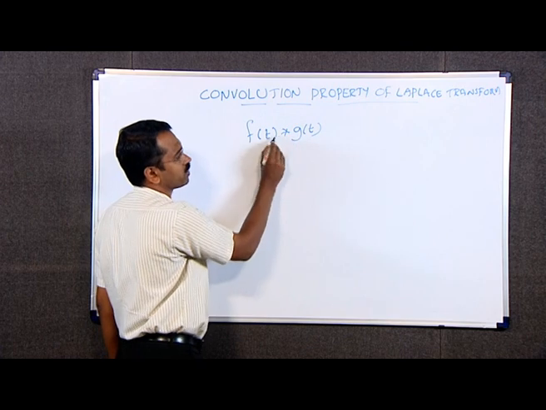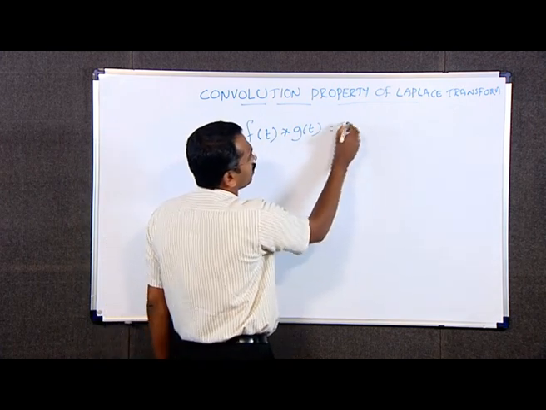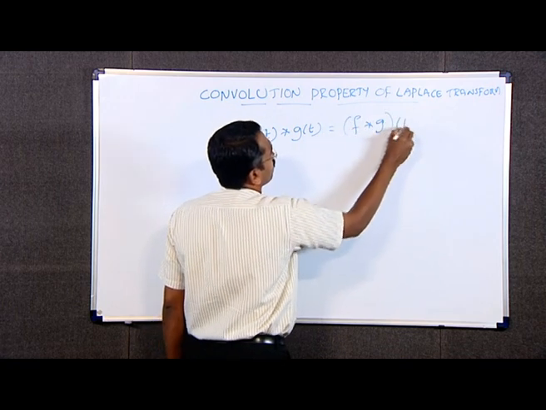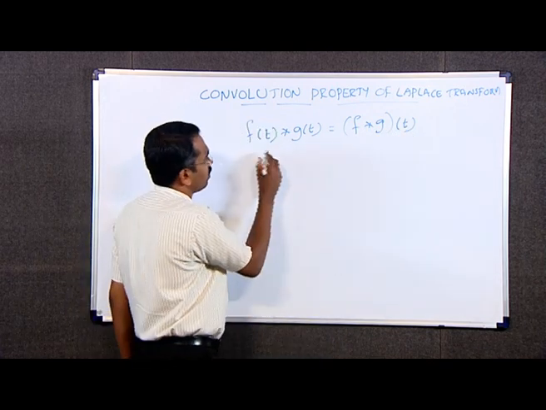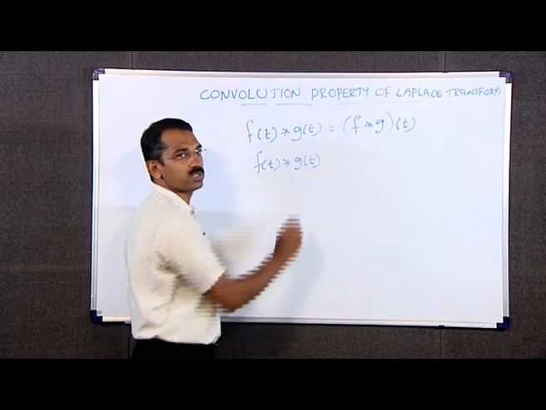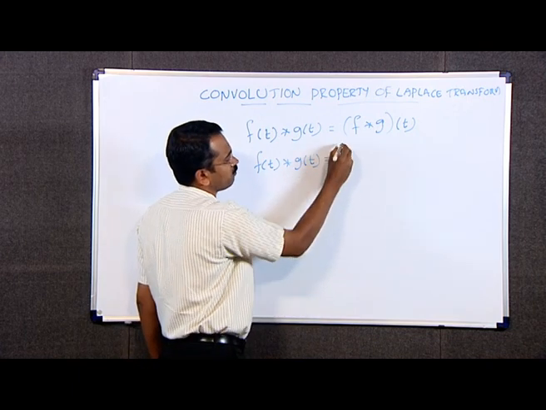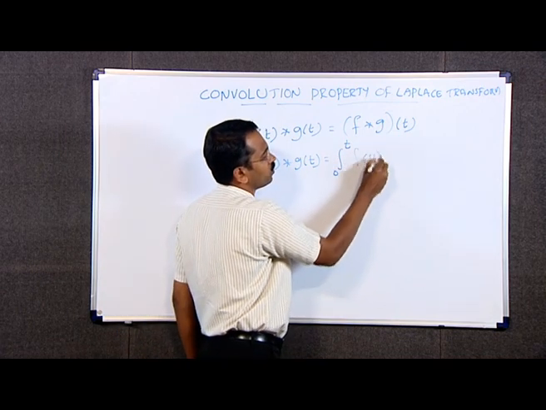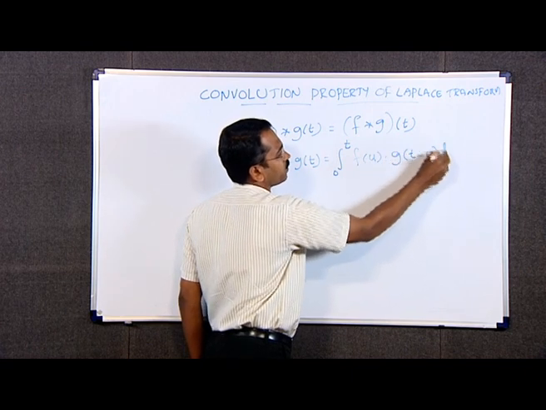This is the notation for convolution, or we can write like this: f star g of t, and is defined as f of t star g of t, that is f of t convolution g of t, is equal to the integral from 0 to t f of u into g of t minus u du.